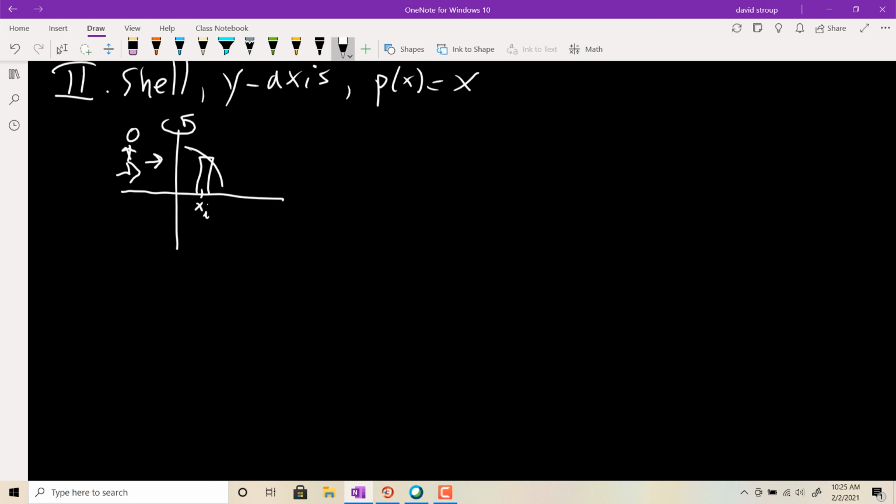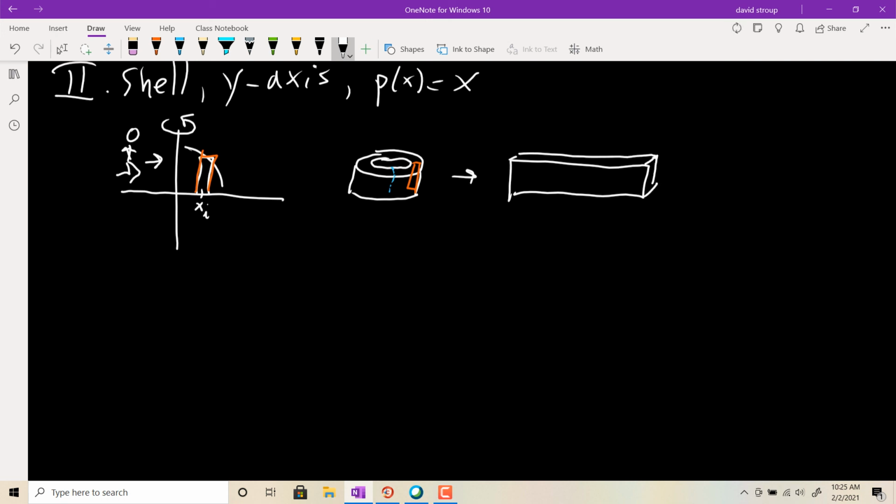If you were to rotate out that one rectangle, you would get a sideways Flintstone tire scenario, where the red rectangle is sitting right here. And again, we cut it and then lay it out straight. So cutting it and laying it out straight will allow us to think of it as a rectangular solid, and the formula is just length times width times height.